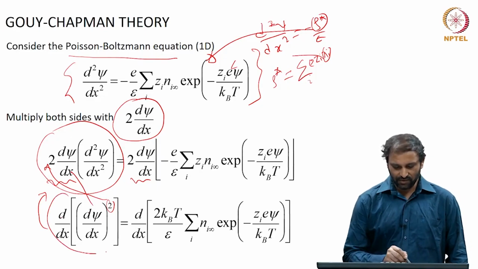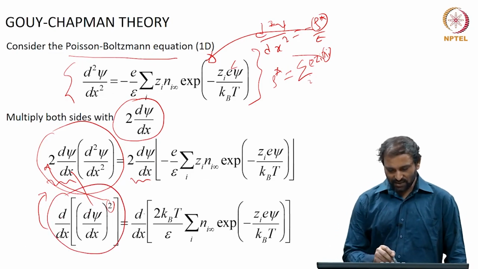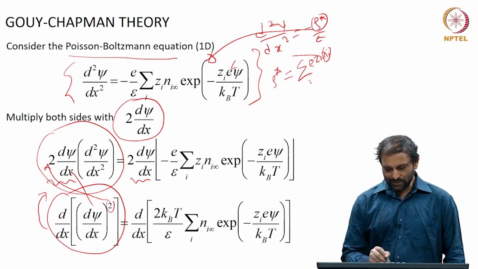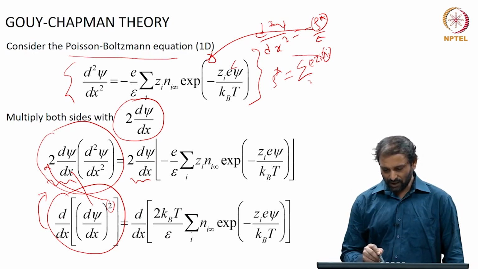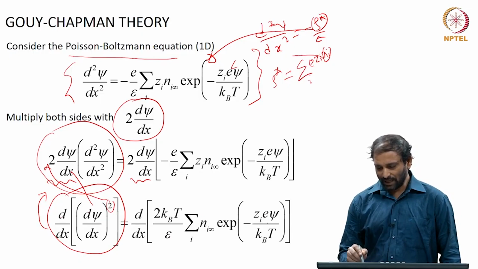Okay, so that is the left hand side term, and the right hand side term I can write as d by dx of 2 times kBT divided by epsilon into sigma i Ni infinity exponent of minus Zi e psi by kBT.